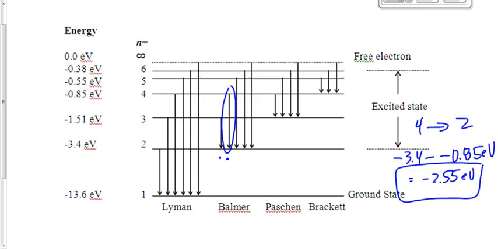It would be a negative value. And in this case, the photon that was emitted would have an energy of 2.55 electron volts. Usually, we end up dropping that negative. If this is a multiple choice question on a test, they're probably not going to have the negatives in front of it. Usually, it's just the magnitude we worry about. That's easy enough, right?